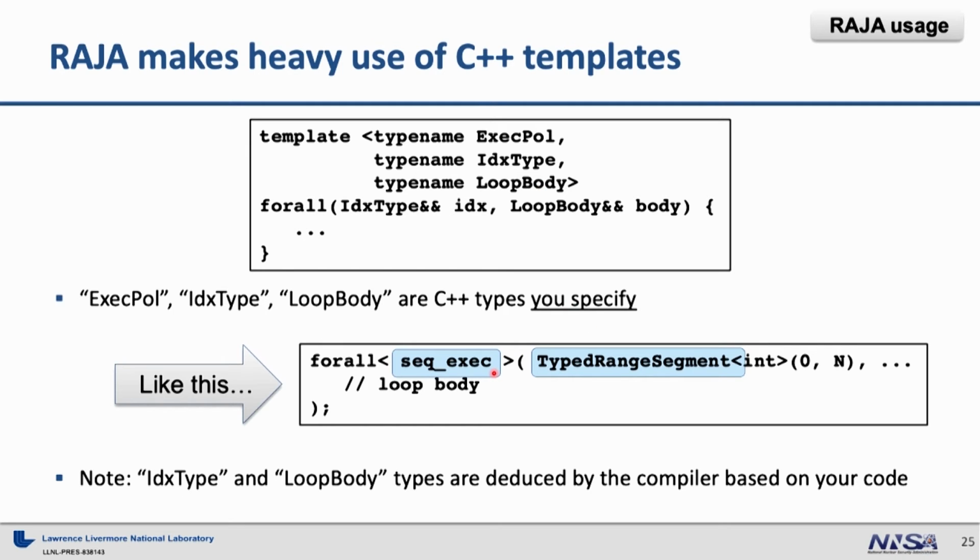But if you notice in my examples, I only pass in the execution policy. For example, this is the sequential execution policy. That's because the other two, the index type and the loop body type, are inferred by the compiler when you build the code. And you do pass them in as arguments into the forall function.